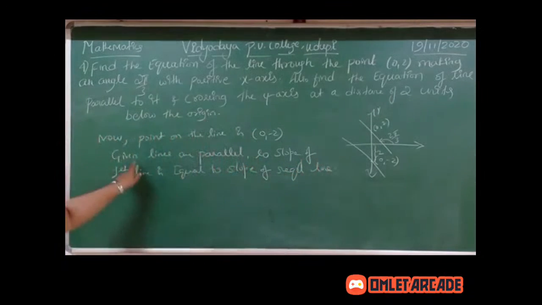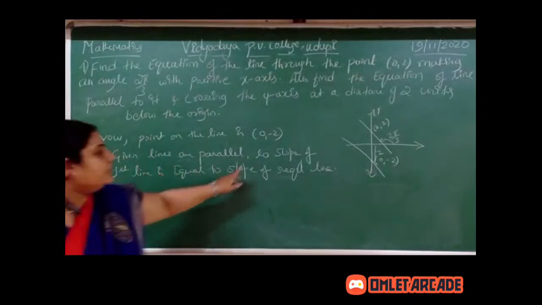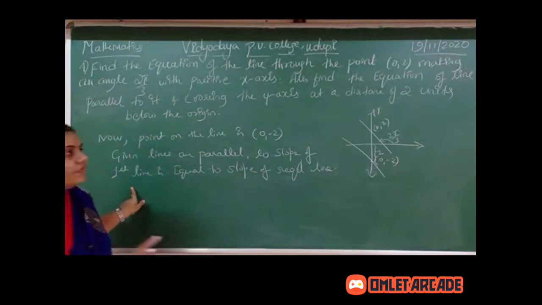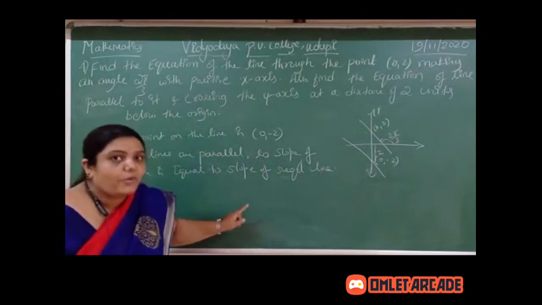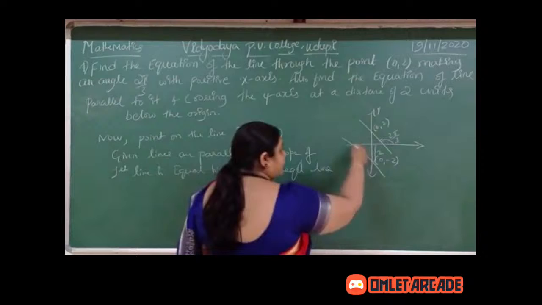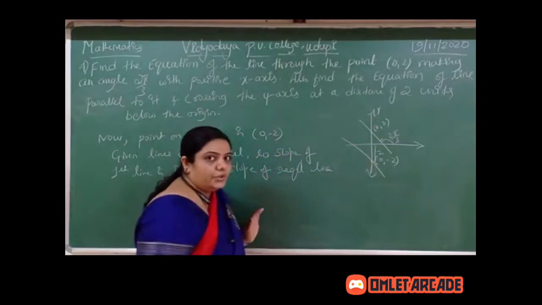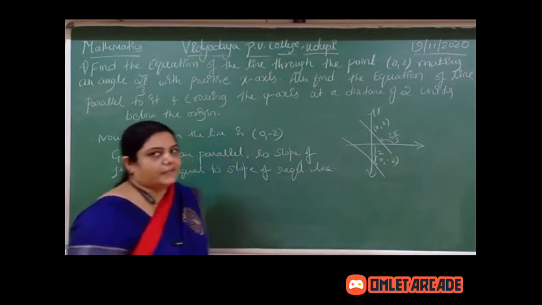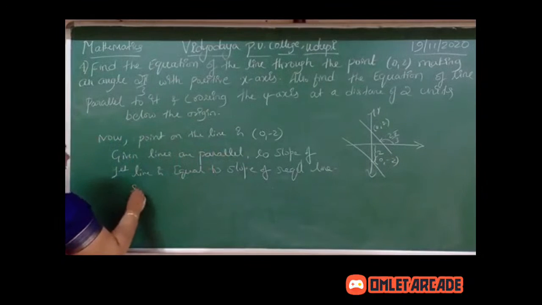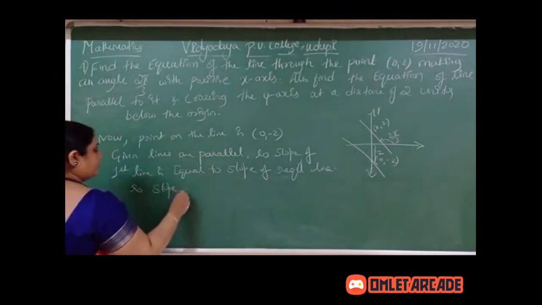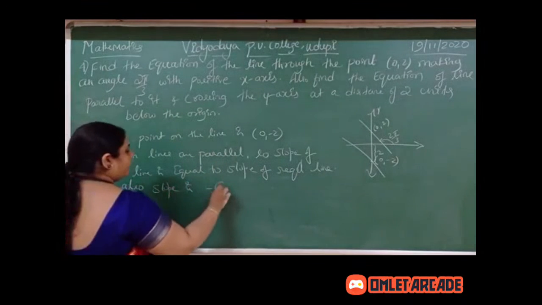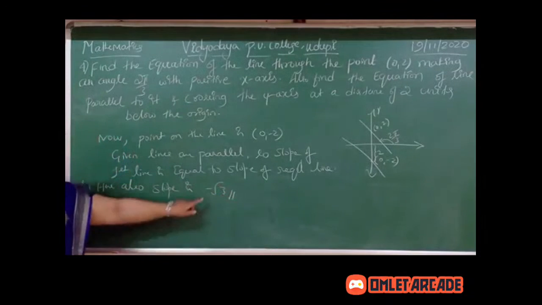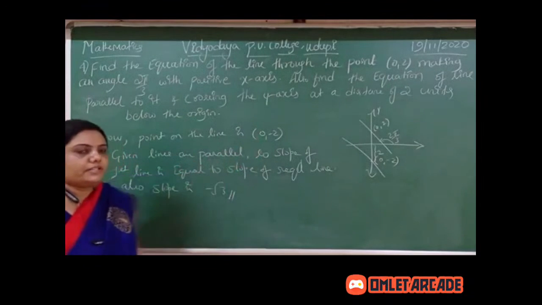Since the lines are parallel, can I say the slope of the first line, what we found, is equal to the slope of the required line? We need to find the equation of the new line now, so I have taken it as the required line. So here also the slope is minus root 3. The slope is minus root 3 and the point is (0, -2).